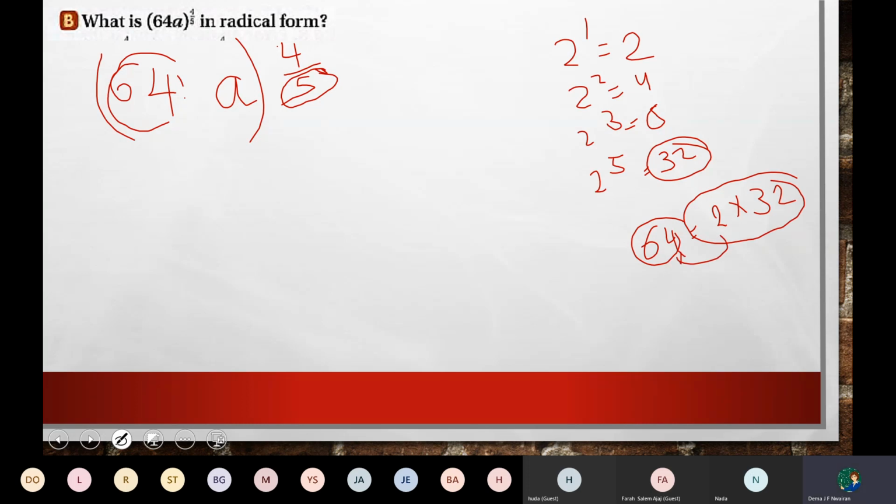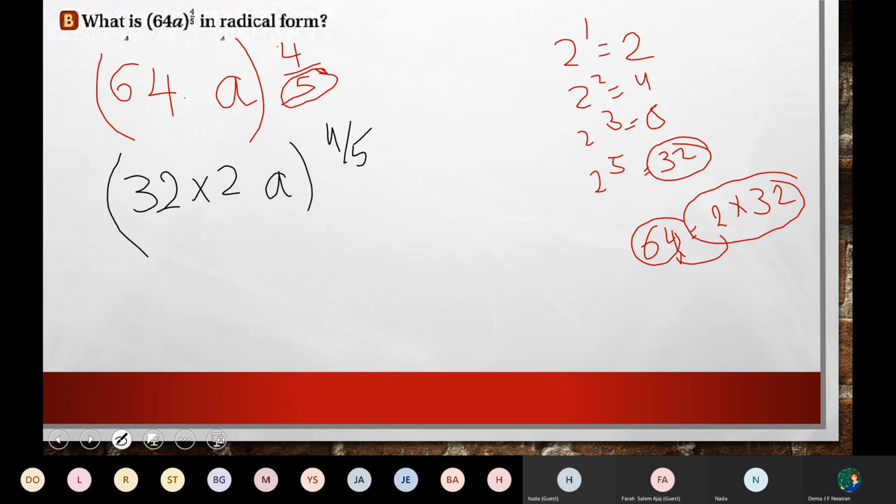So let's rewrite 64 as 32 multiplied by 2, times a raised to the power 4 over 5. I just call a number that has a fifth root, which is 32. Then after that, I will distribute.